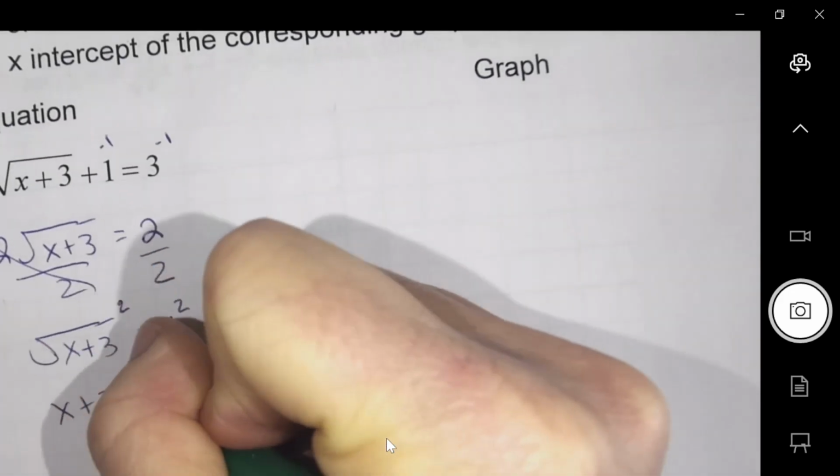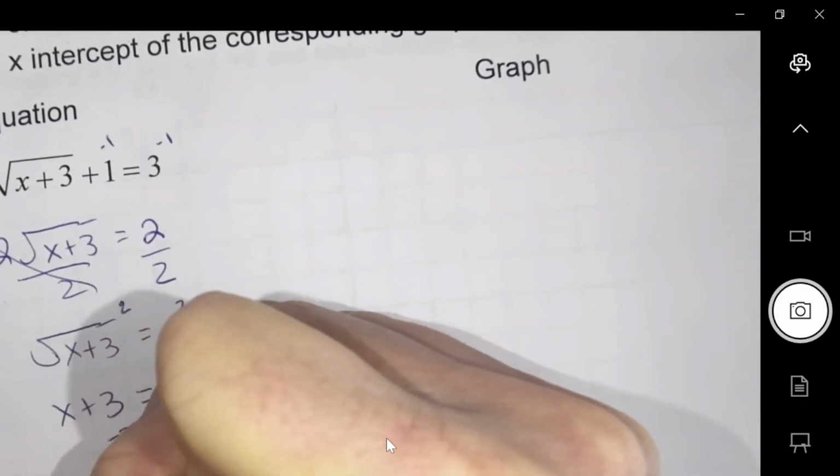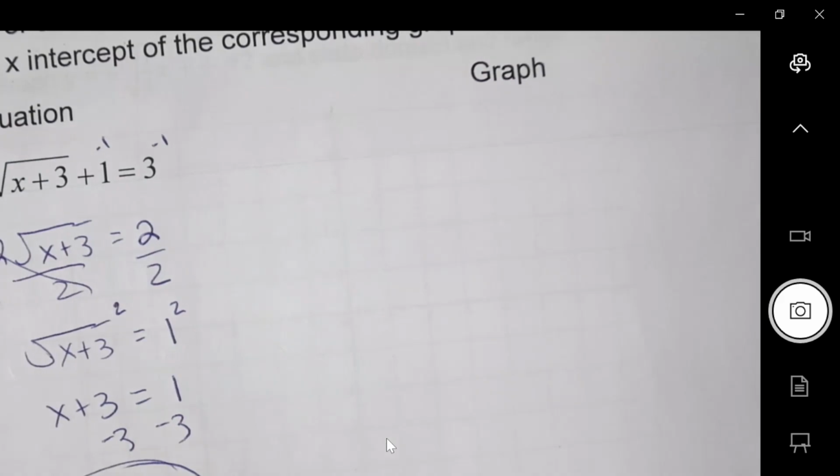And then subtract 3. Okay, we're going to graph this and see if it matches on your test. If they don't match, something went wrong, okay?